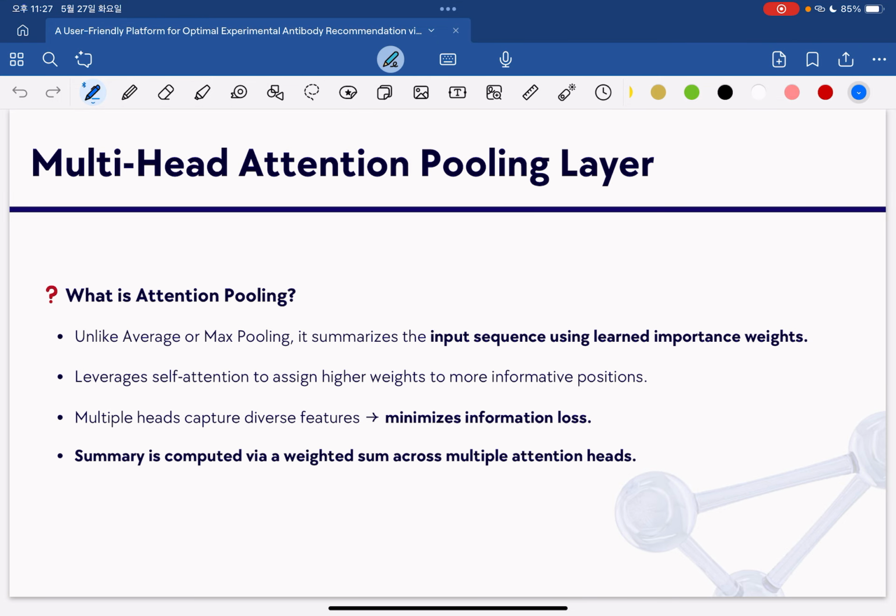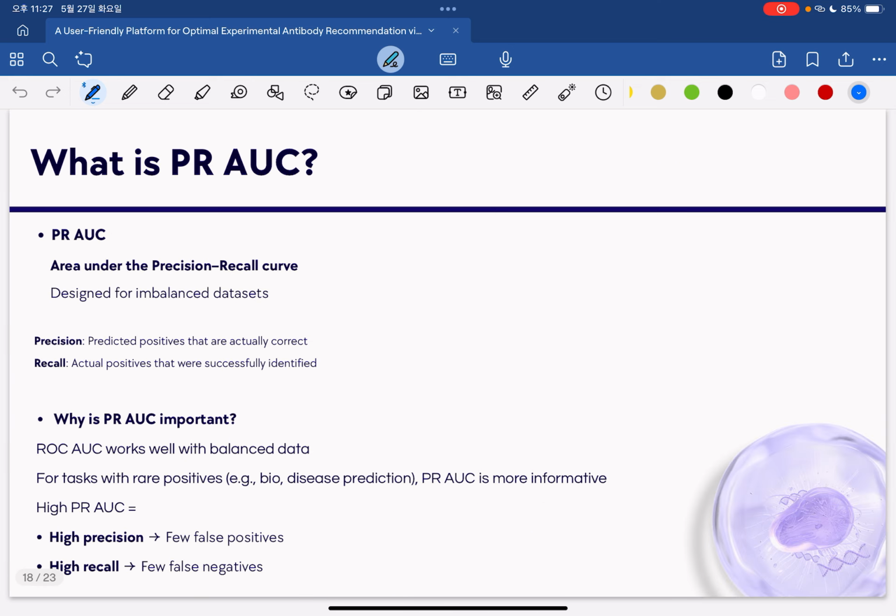Attention pooling assigns weight to input tokens based on their importance, using self-attention to guide the pooling process. Multi-attention pooling captures diverse patterns across multiple attention heads, minimizing information loss. PR AUC is a reliable metric for evaluating model performance on imbalanced datasets.